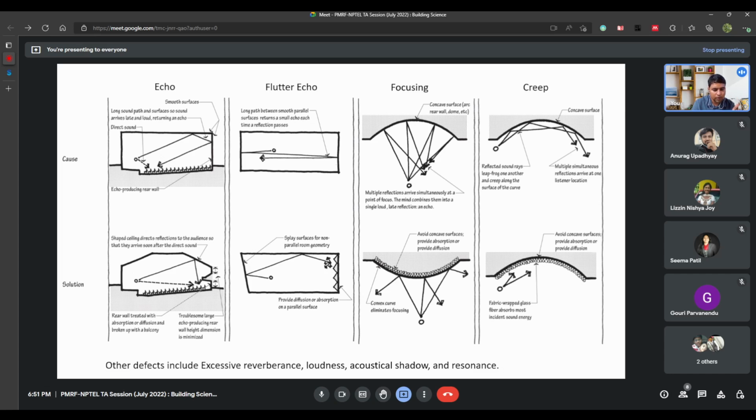Say you have a dome kind of structure above you, and you're conversing with your colleague. Some person who is far away from you might be able to hear due to this creep effect.